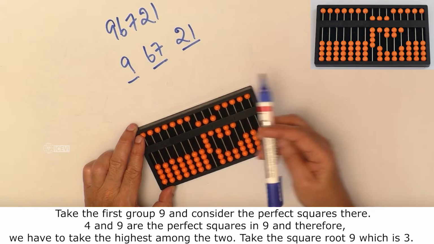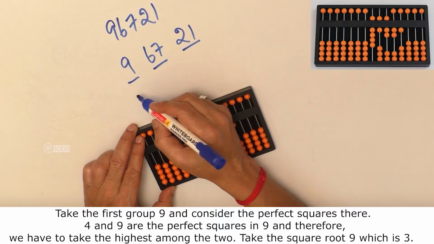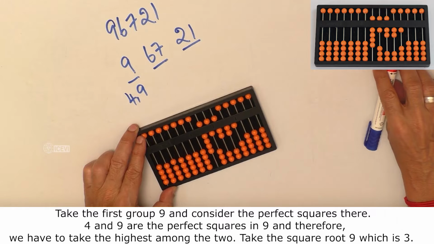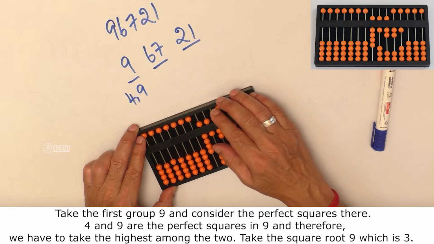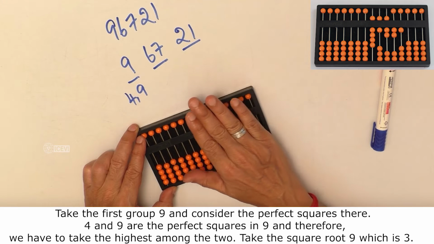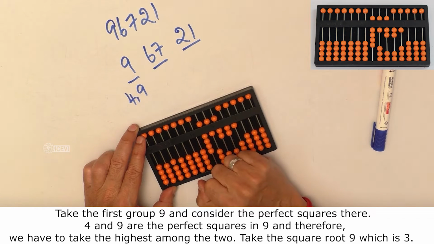Take the first group 9 and consider the perfect squares there. 4 and 9 are the perfect squares in 9, and therefore we have to take the highest among the two. Take the square root of 9, which is 3.